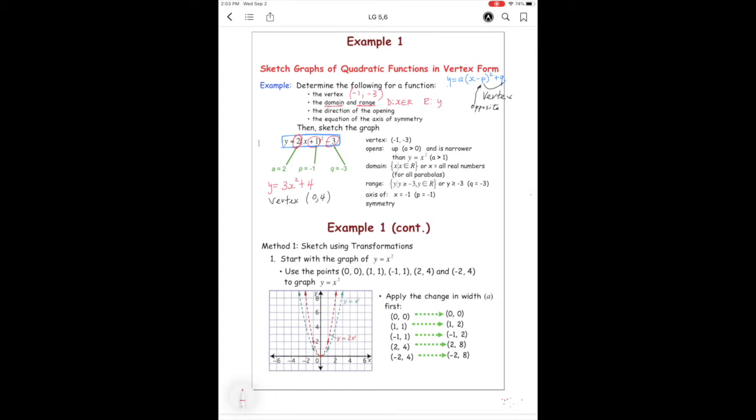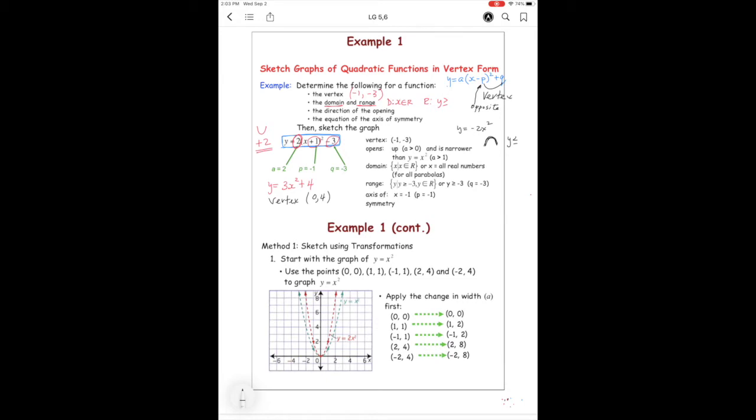In our question here, the a is positive 2, so that means it's opening up. Opening up means greater than or equal to. So that's the first thing you always want to look at: the a. If it's negative, so if I had an example like y equals negative 2x squared, that's opening down, so that would be y less than or equal to.